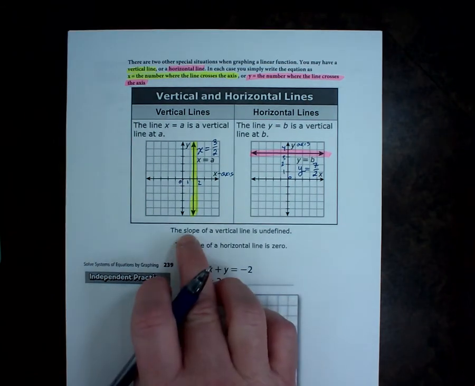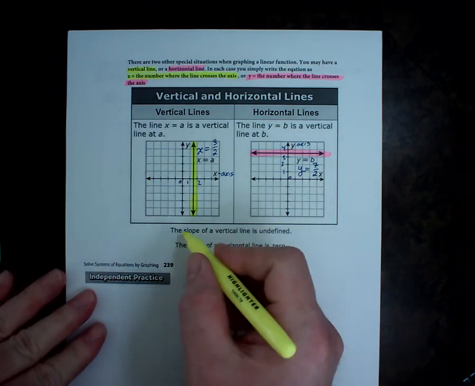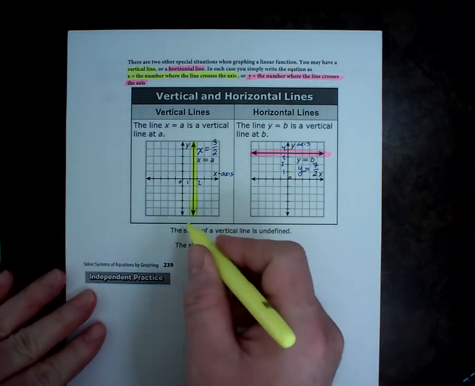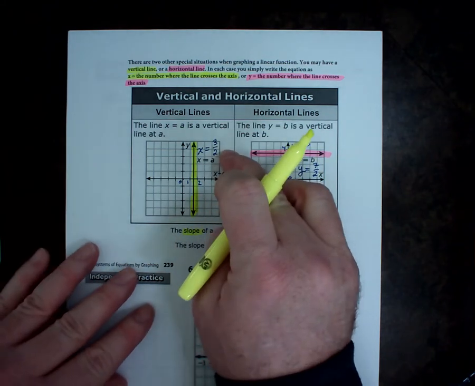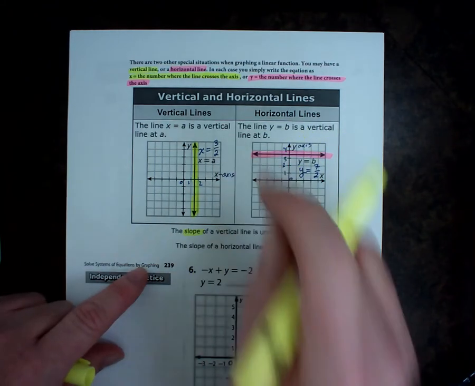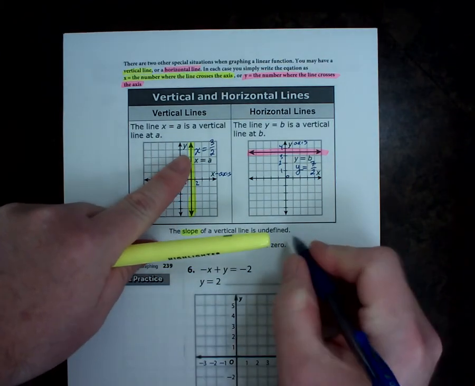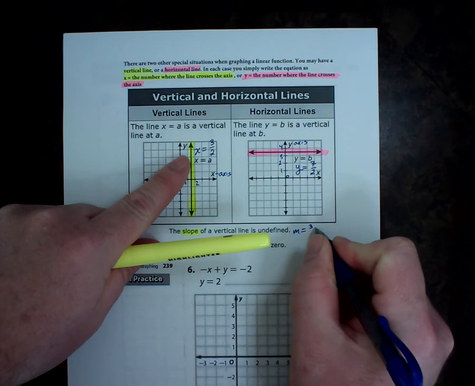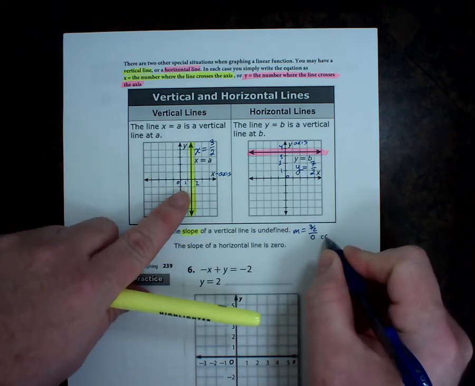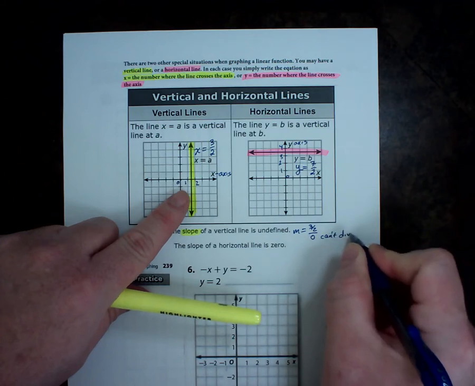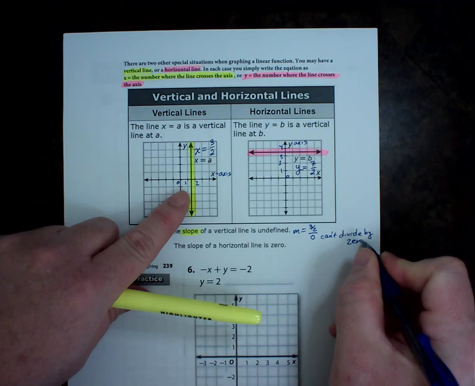If we talk about their slope, the slope of the vertical line is undefined. Be careful. I've put this as a fraction, but this is not a line that rises 3 and runs 2. It's not a slope. The slope of this line is undefined because the slope is equal to 3/2 over 0, and you can't divide by nothing, or 0.